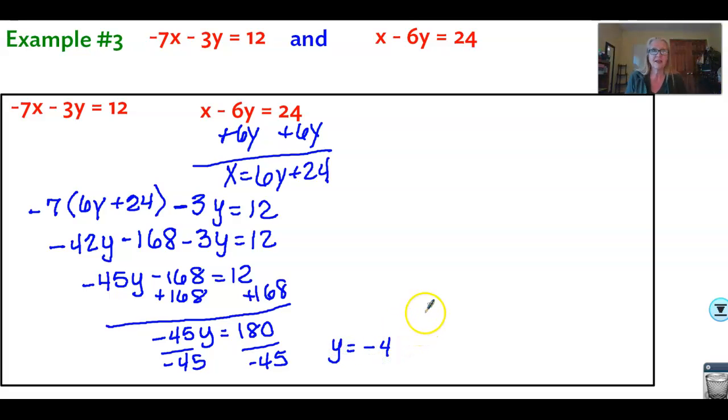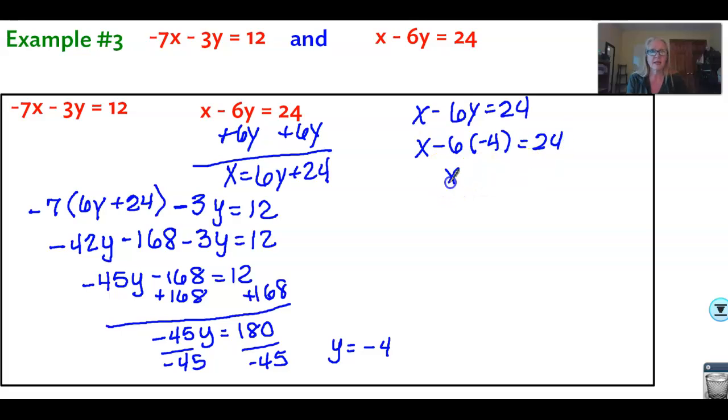Okay? So then it doesn't matter which equation I use to solve for x at this point. I'm going to take the x minus 6y equals 24 one because it's a little simpler. Substitute -4 for y. And I get x plus 24 equals 24.